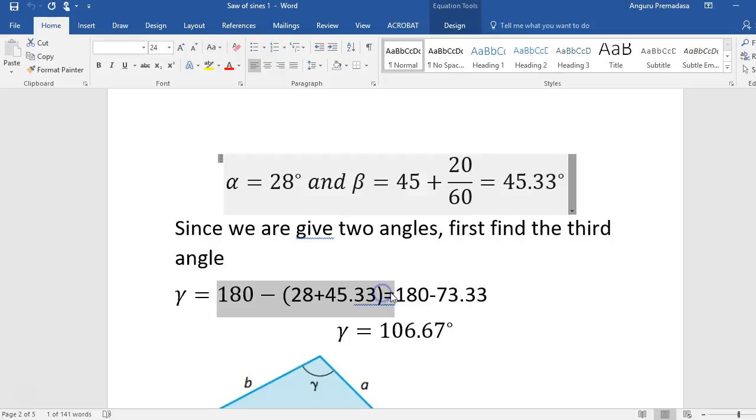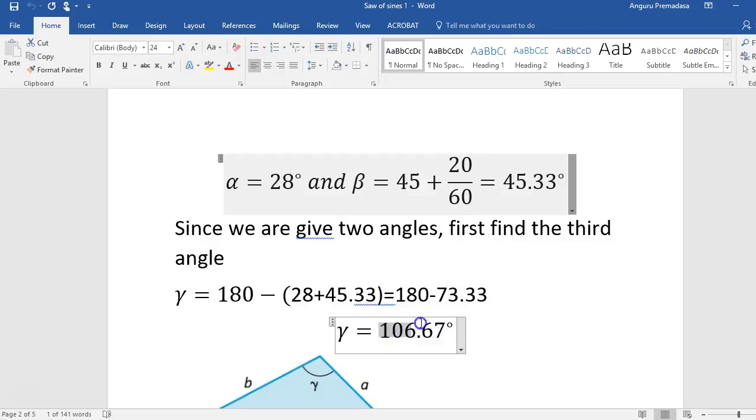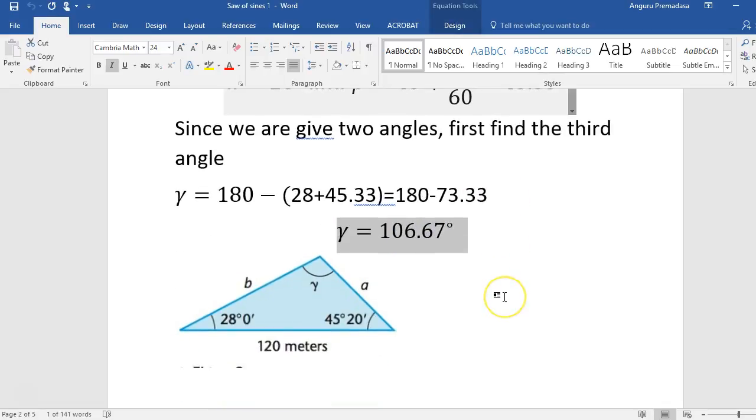That gives 180 minus 73.33, which is 106.67, and that will be gamma. We have managed to do a partial solution.